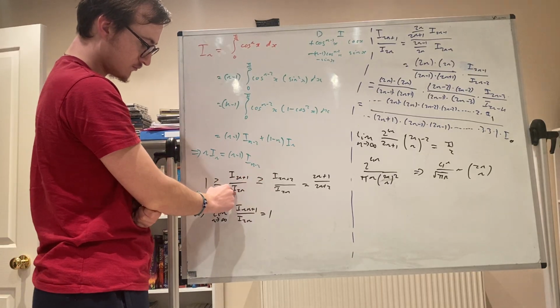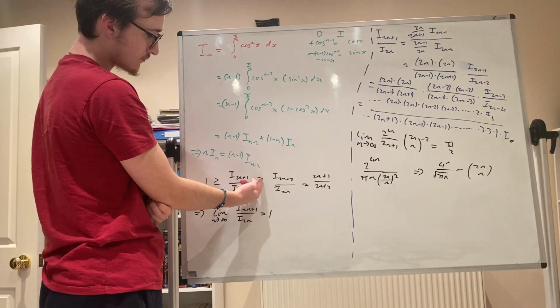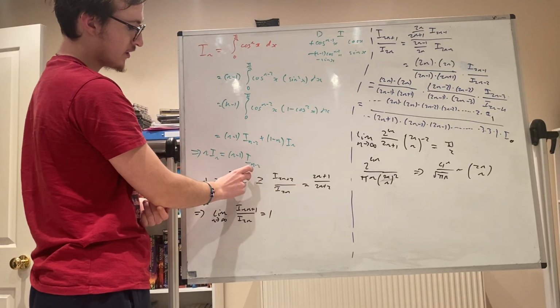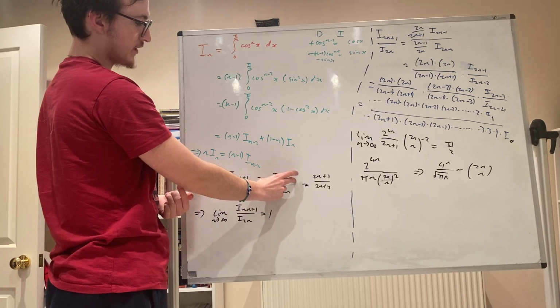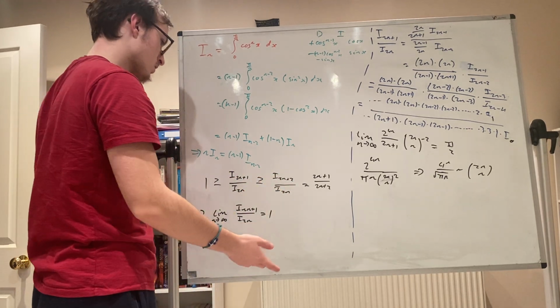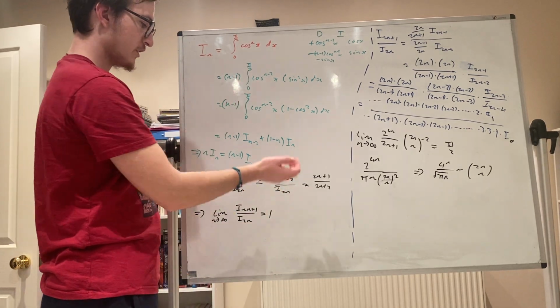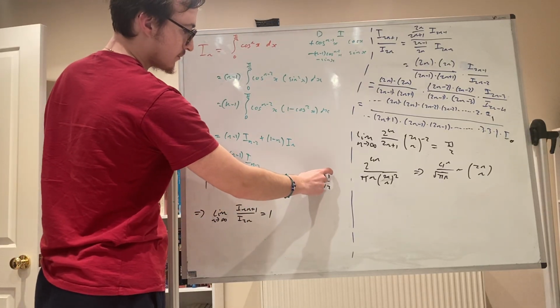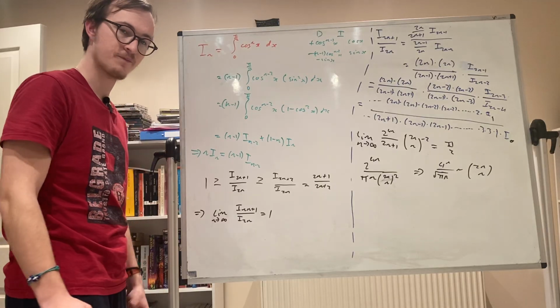Now, this thing right here is bigger than I_(2n+2) over I_(2n), simply because I_(2n+1) is bigger than I_(2n+2). But this right here, by the recursive relation that we found, is precisely given by (2n+1) over (2n+2).